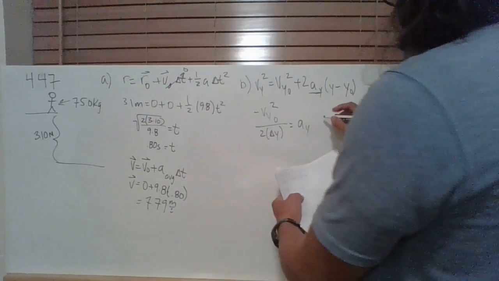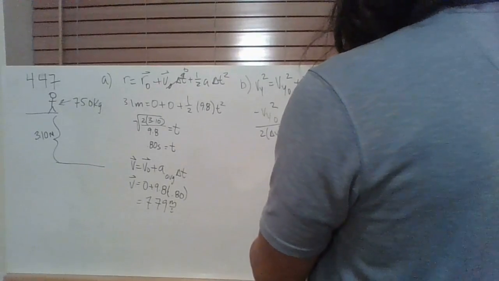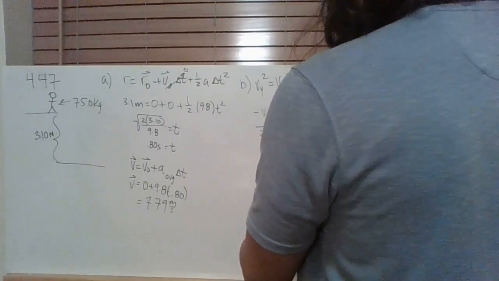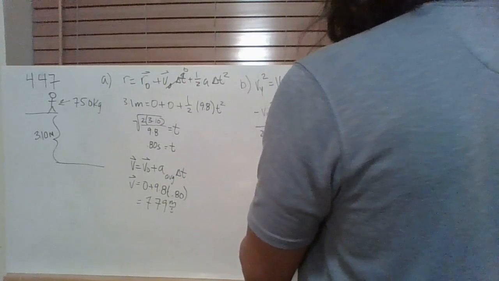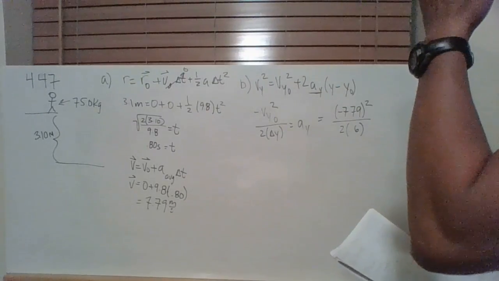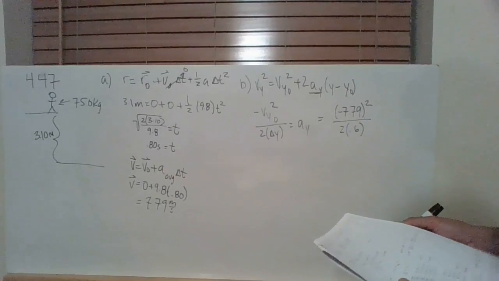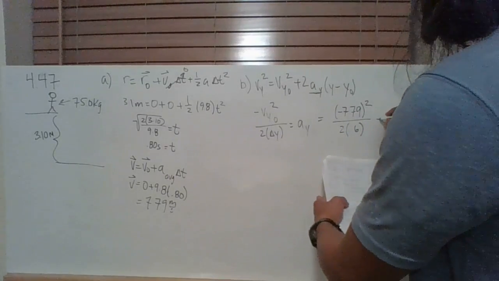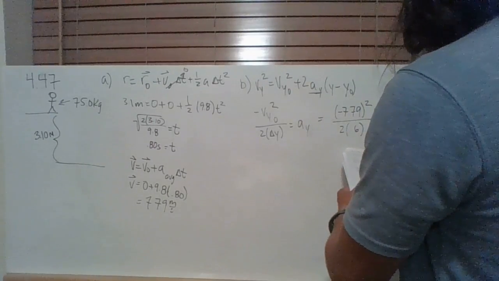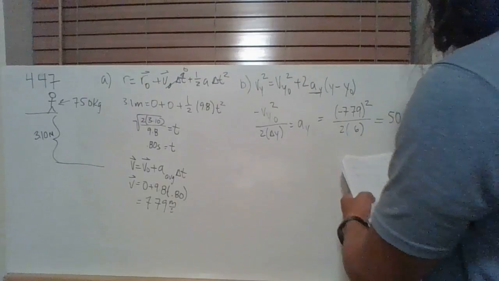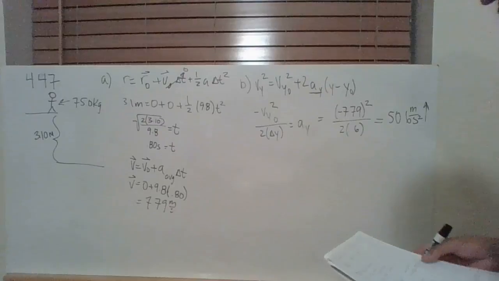If we plug that in, we get negative 7.79 meters per second squared over 2 times 0.6, which gives us 50.6 meters per second squared, and since it's positive, we're going up with that.